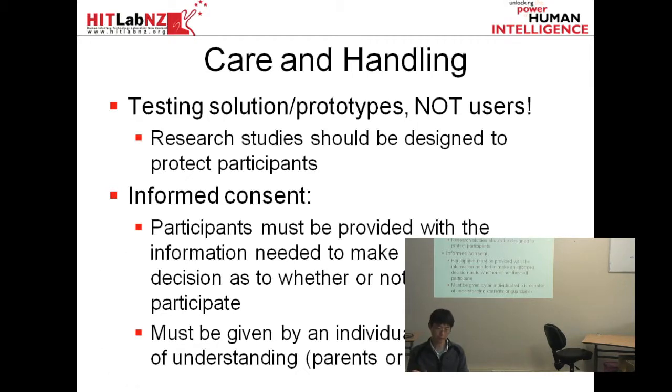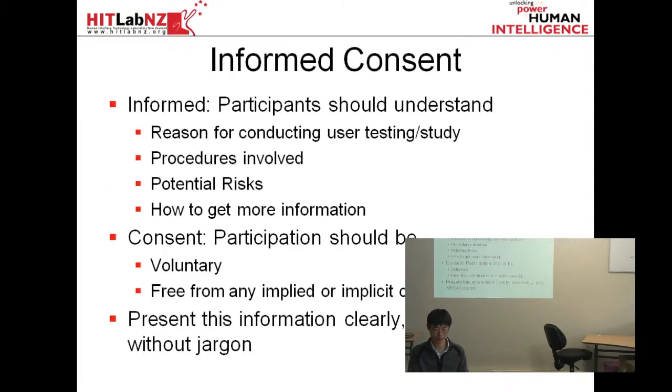So informed consent is basically two pieces: first, informing the participants about what will happen during the user study, and second, receiving a consent agreement from the participants that they are voluntarily participating in the study.